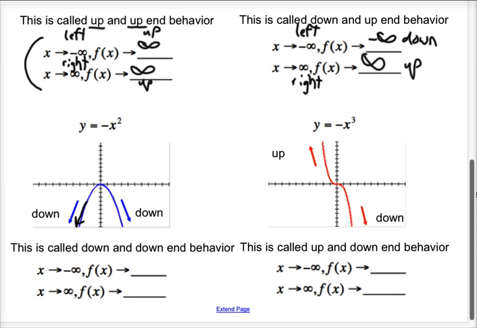Notice this time, both are going downward, okay? To the left and the right, the function is heading down forever. So to the left, what's it doing? Well, it's going down to negative infinity. And to the right, it is also going down to negative infinity.